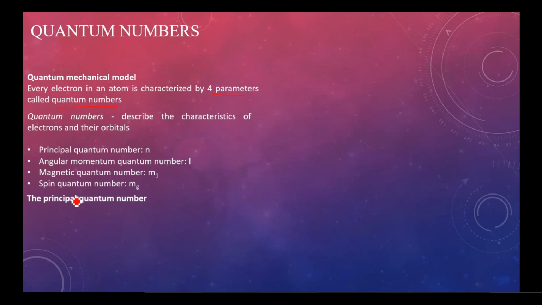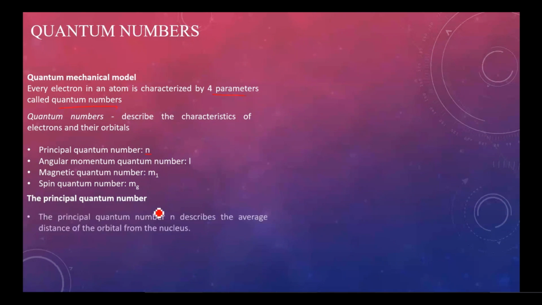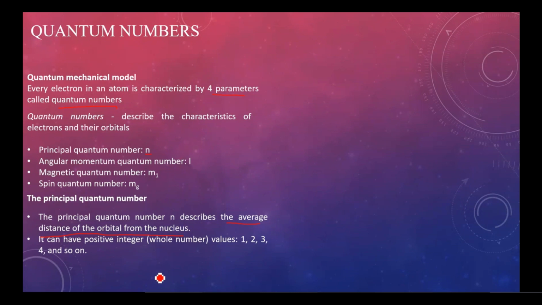And the principal quantum number n basically describes the average distance of the orbital from the nucleus. So how far is your orbital from the nucleus? The principal quantum number n defines that. And you can define this principal quantum number with integers such as 1, 2, 3, 4, and so on.